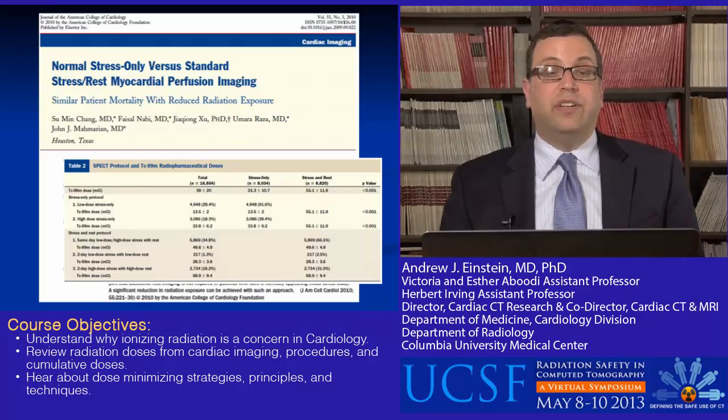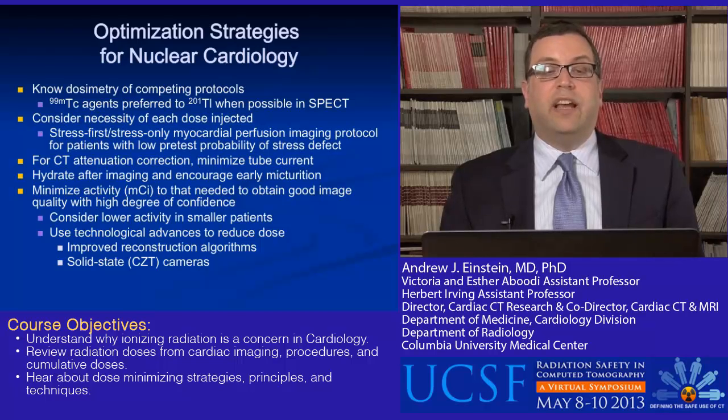Another consideration for nuclear cardiology, if the patients are going to have CT attenuation correction, we need to apply the principles of CT radiation optimization there. For example, minimizing the tube current. For nuclear cardiology patients, if we can get that radiotracer out of the patient's system, we can decrease radiation dose to the bladder, perhaps hydrating them after imaging where appropriate and encouraging them to micturate to get the radiotracer out of their bladder.